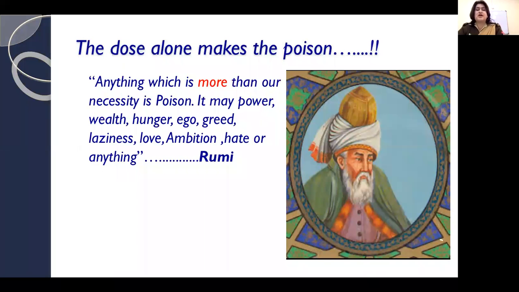Just as the Sufi mystic poet Rumi, when once asked by one of his disciples what a poison is, had a very beautiful answer: anything which is more than our necessity is poison. It may be power, wealth, hunger, ego, greed, laziness, love, even ambition, hate, or anything, right? So be it clinical toxicology or Sufism, the basic tenet of all toxicology is that the dose alone makes the poison.